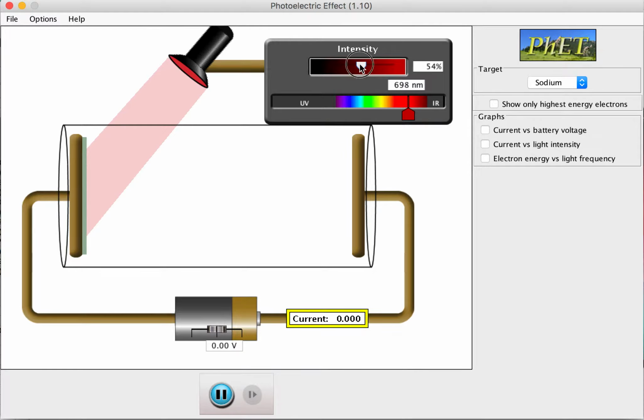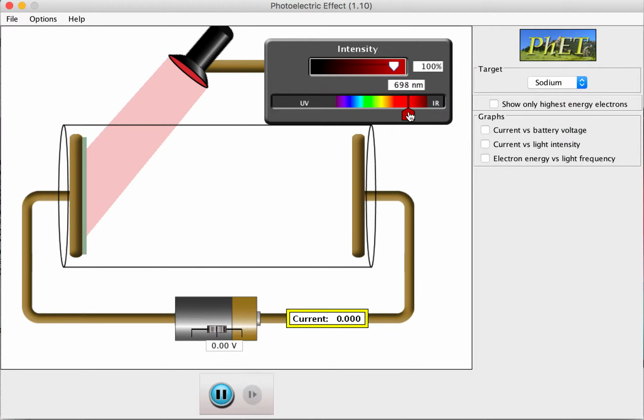What we'll see is that no matter how intense we make this, no electrons are ejected. And this was weird. They thought that it would add up, that even if it was low energy, if I had enough of it, electrons would be ejected.